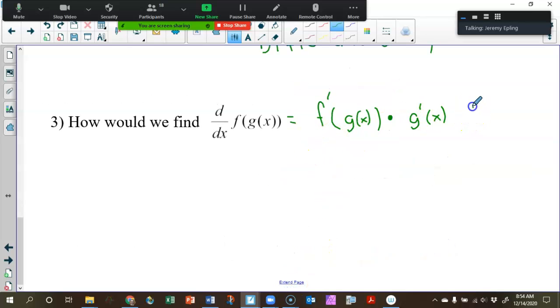This is our chain rule. This is the exact pattern you all noticed. The derivative of the outside times the derivative of the inside. That's the chain rule. And it's a very, very important, powerful way to take the derivative when we put functions together.